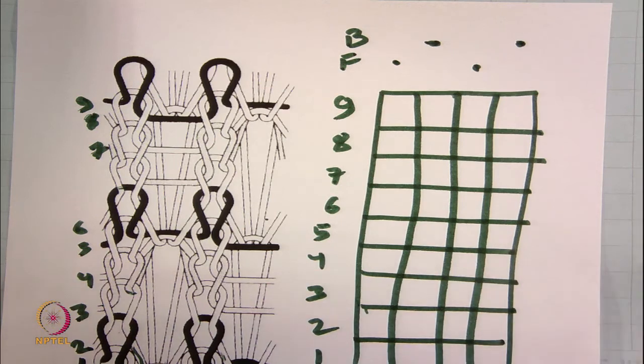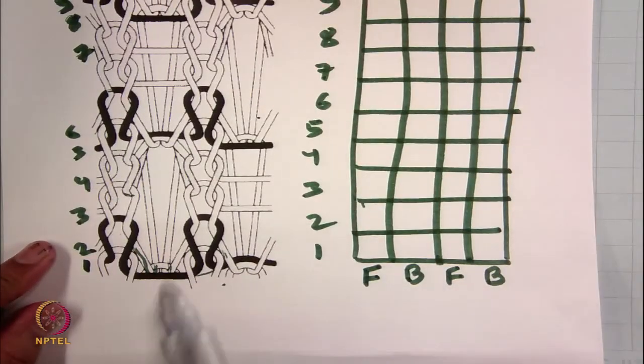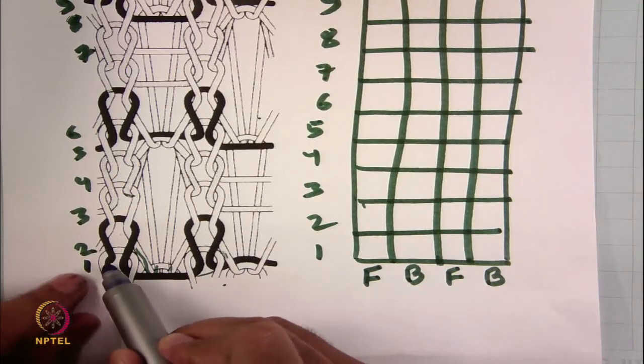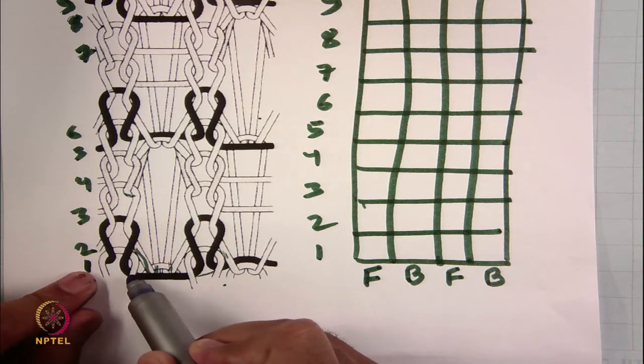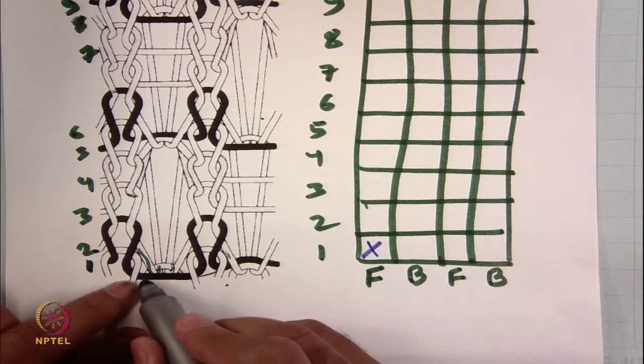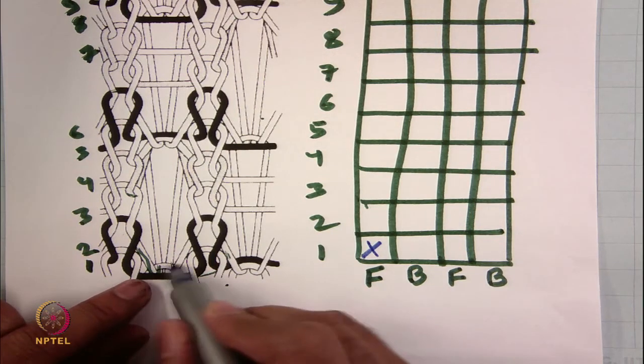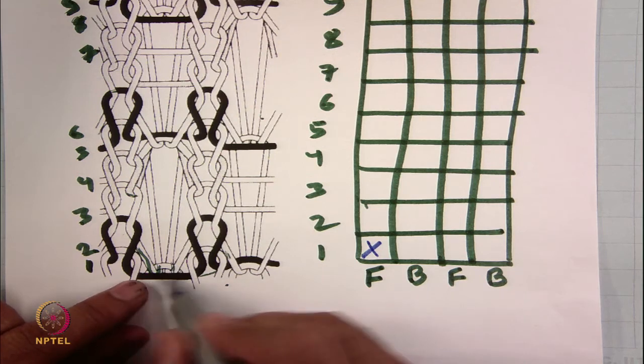Now, let us denote the loops for each course. If you go for the first course, the black one is technical front side, so you can simply make a cross. Now, if you see this straight segment, it is not towards the head part, rather it is on the leg part.